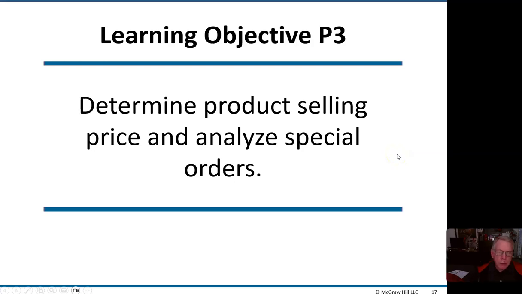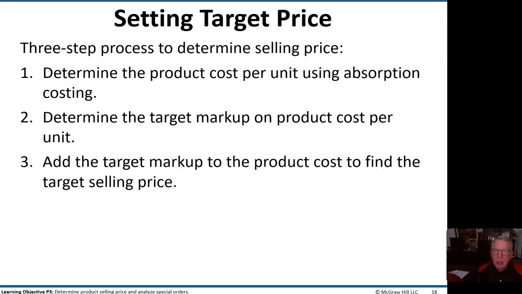So we can now determine product selling price and analyze special orders, and it's very useful to base it on our variable costing. There's a three-step process to determine the selling price. One, determine the product cost per unit using absorption costing. Two, determine the target markup on product cost per unit.